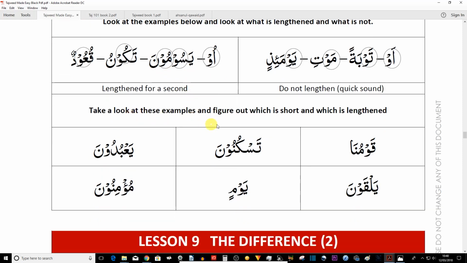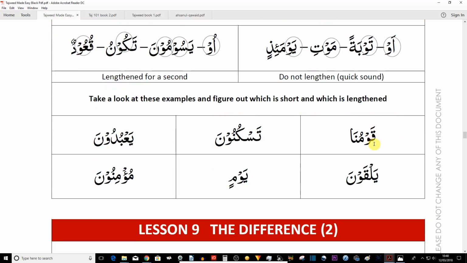Now take a look at these examples and figure out which is short and which is lengthened. So first word, qawmuna, letter of Leen here, 1 beat, but the na is a mad asli, 2 beats. Taskununa, 2 beats, mad asli.